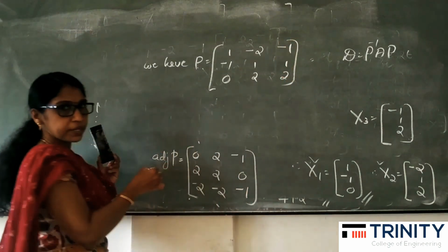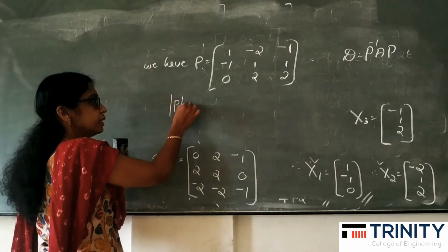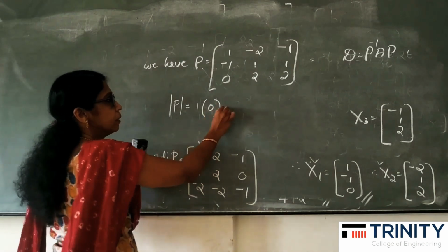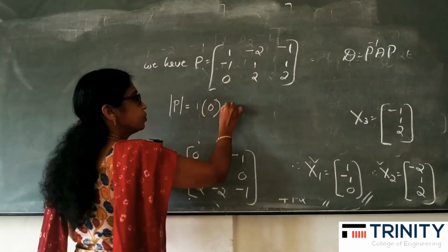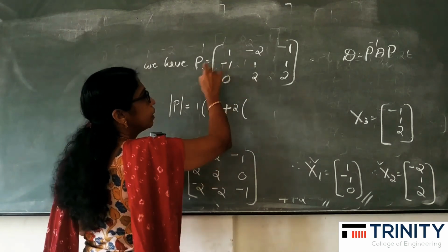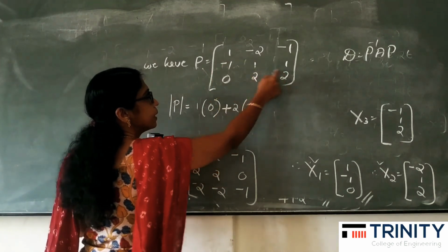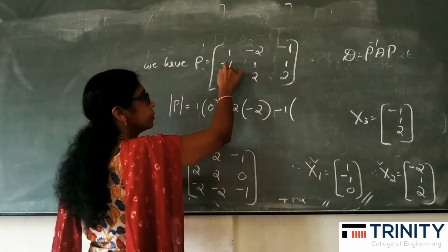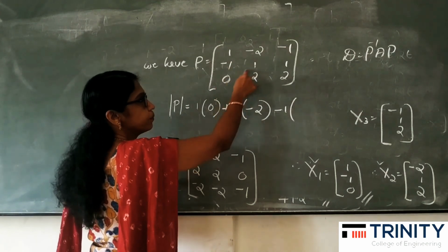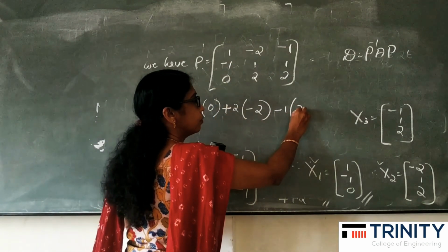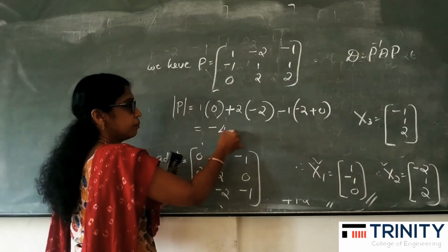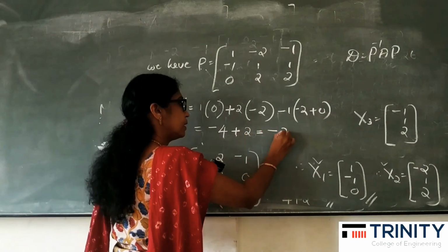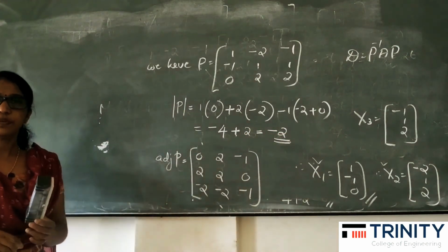We have to find the determinant of P. Determinant P is equal to 1 into (2 minus 2, that is 0), minus minus 1 into (minus 2 minus 0, that is minus 2), plus 0. 2 into minus 2 is minus 4. Minus 4 plus 2 is equal to minus 2. We get determinant of P is equal to minus 2.